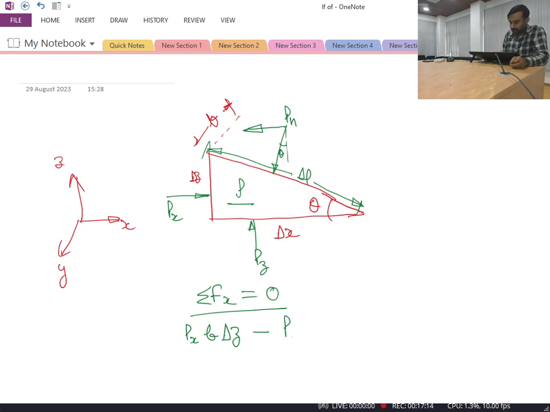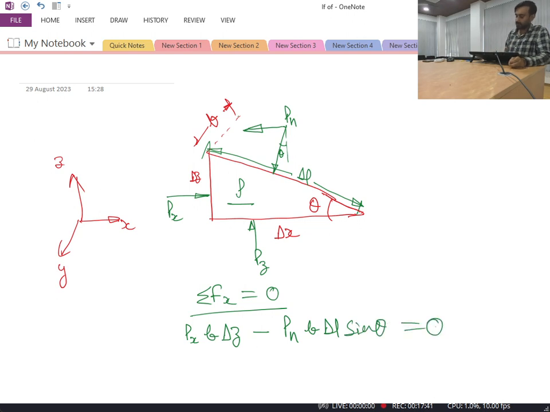So we will have minus Pn, and the area of this will be delta L into b. So delta L is the length of this particular angled surface and b is its width. So I will have b into delta L, and because we are considering the component which is parallel to the x-axis, this component is nothing but equal to sine theta from the trigonometry.